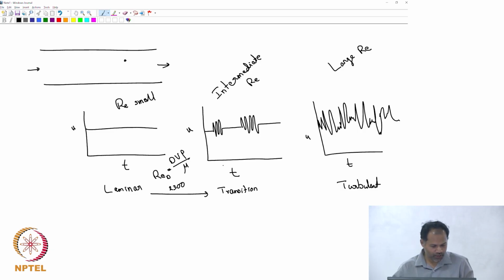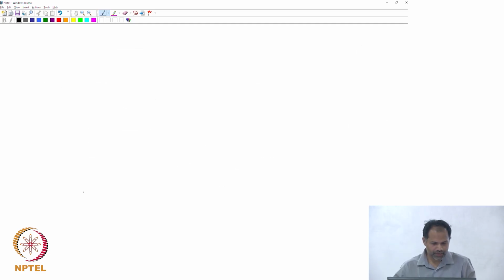So just to give you the typical regimes, it can start forming those bursts. Before that, you can almost certainly say that the flow will be laminar.